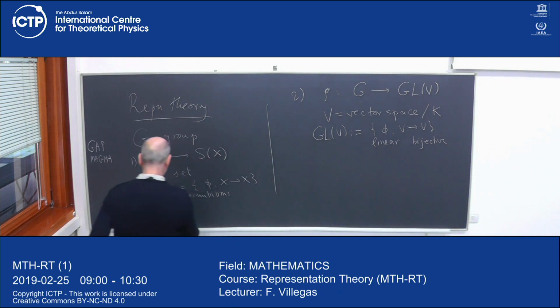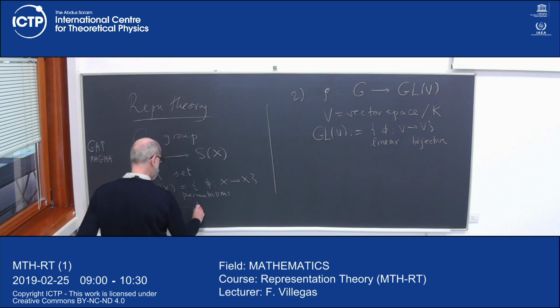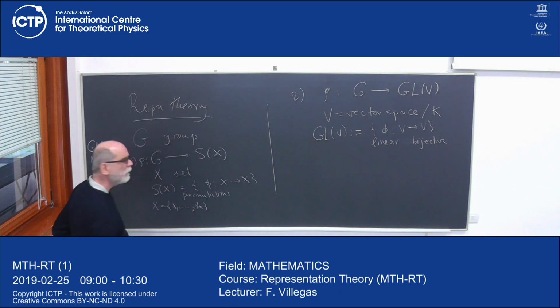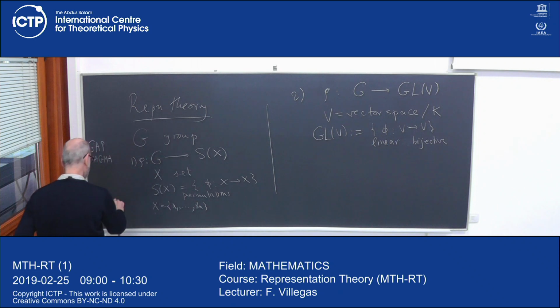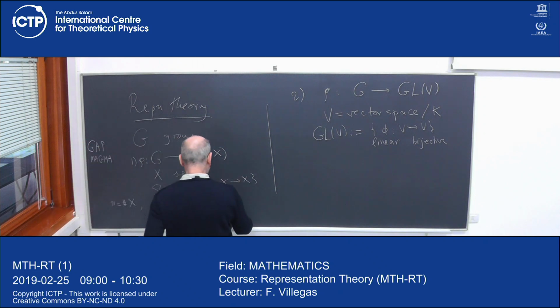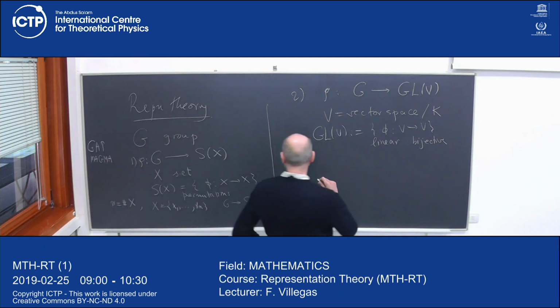Here you can enumerate X. So if you list your elements x1 to xn, you give them a label from 1 to n, so we have a finite set X. Then you can think of G as mapping to the usual notation Sn, the permutations of n things.